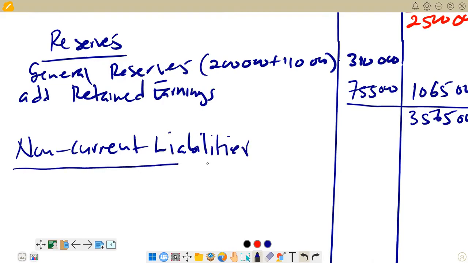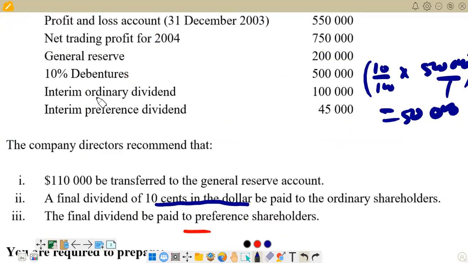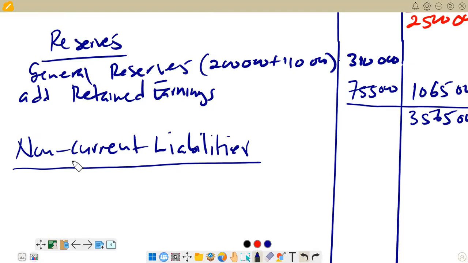And then we underline, and we go back to check the balance for debenture. Right, on debenture, it's here, 10% debentures worth 500,000. So you're just going to put 500,000 here.